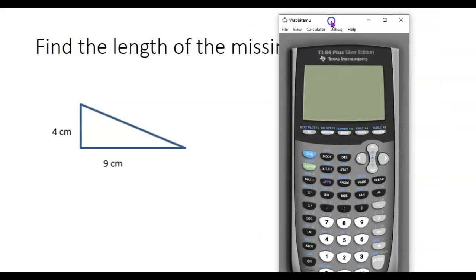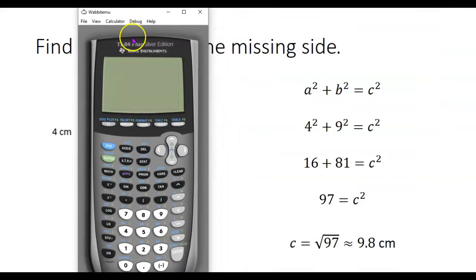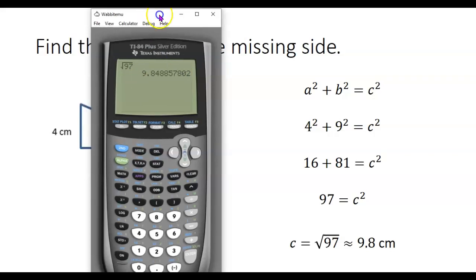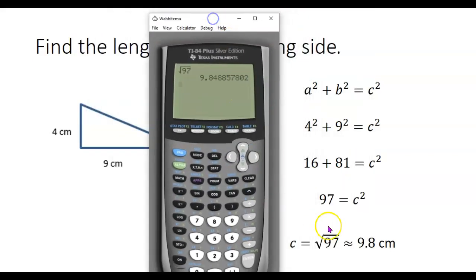Hey calculator, what is the square root of 97? It shows up as 9.848857802, but that's approximately 9.8. Sometimes we want the exact answer, in which case I just leave it as the square root of 97.